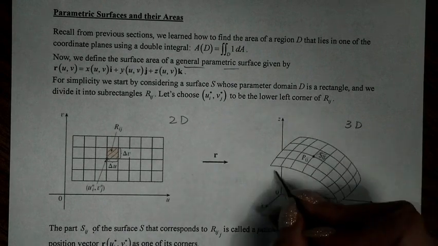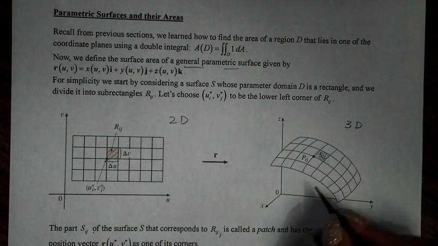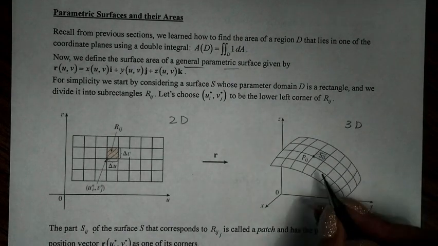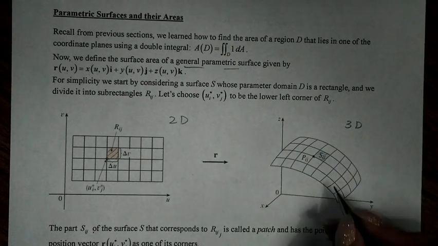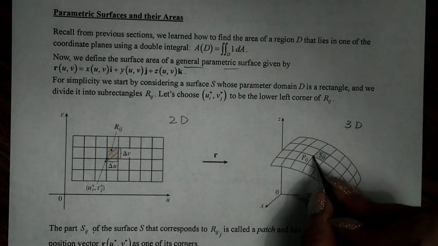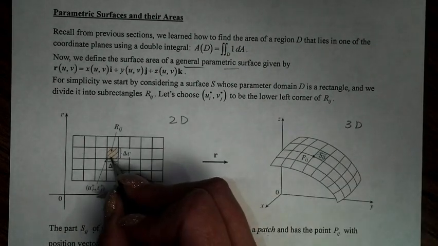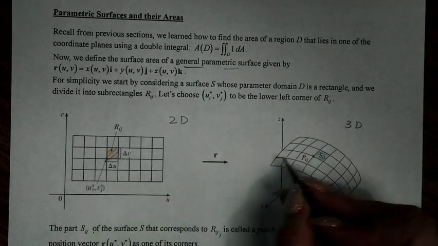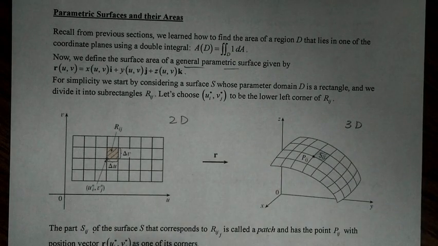If you imagine a quilt, this is one of the pieces of that quilt, and it has the point P sub ij, the one that you have here. You are moving the quilt with the position vector r of u sub i star, v sub j star as one of the corners.